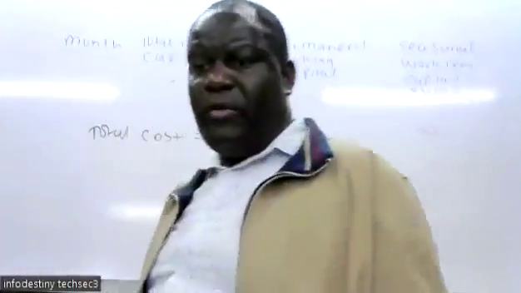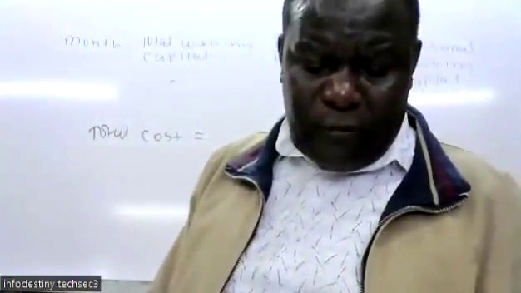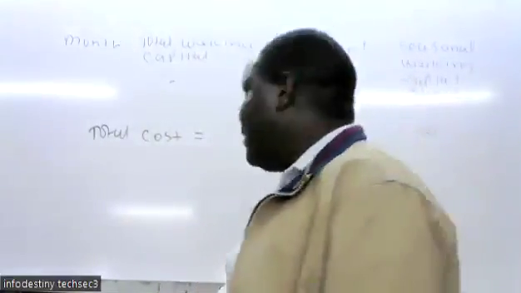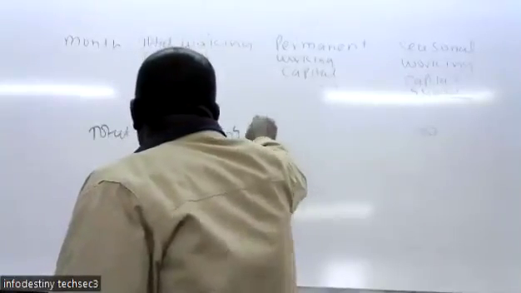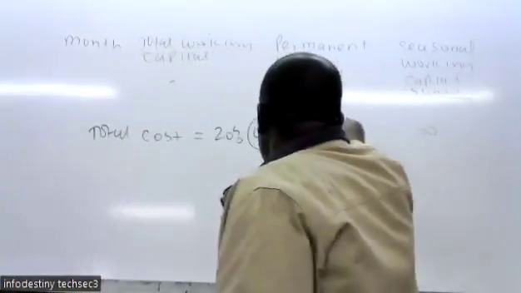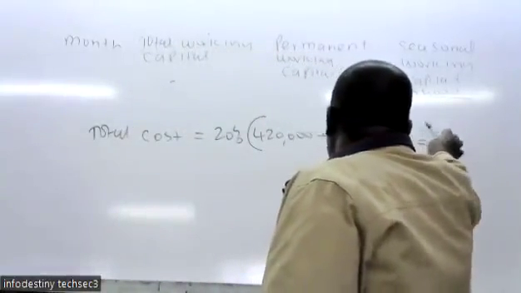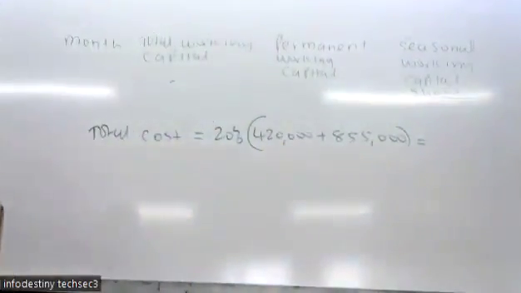When you check through the question, the short-term sources of finance have what cost of capital? The short-term cost of capital is 20%.